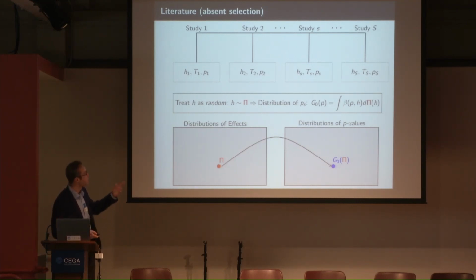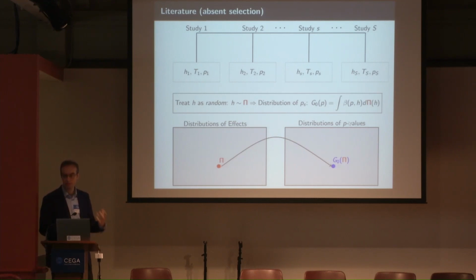However, this assumption lets us derive the distribution of p-values absent selection as a functional of this unknown distribution of effects. In other words, we have a well-defined mapping between distributions of effects in a given literature and the distribution of results, in the form of p-values, that we are likely to observe in the absence of selection.